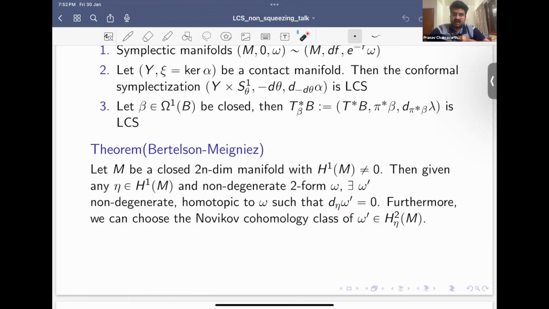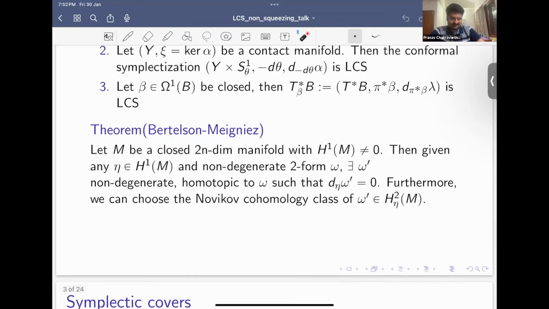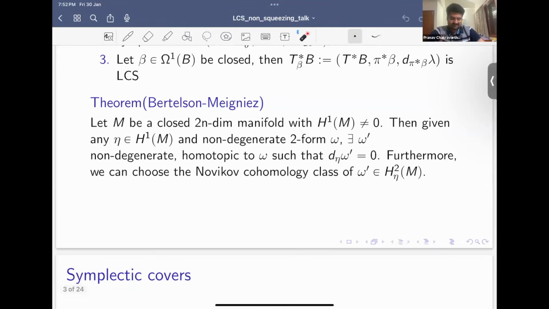And furthermore, I can choose omega prime to be in any Novikov cohomology class you give me a priori. So basically this says that there are lots of examples of LCS manifolds.